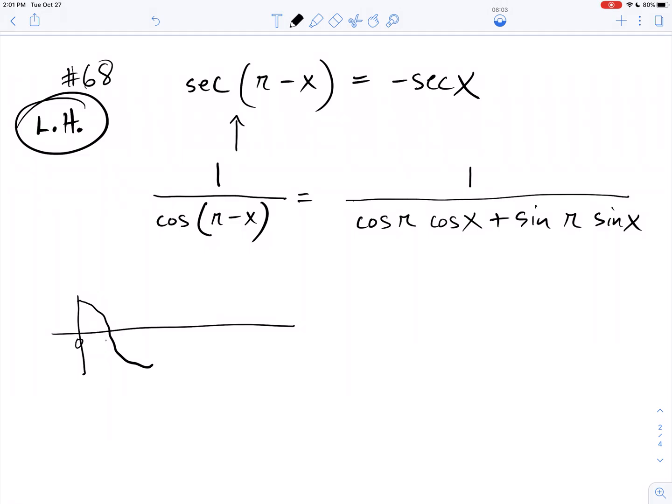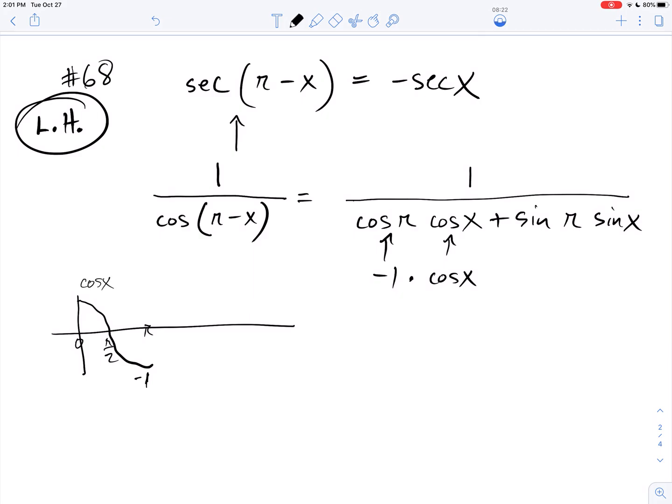There's 0, there's pi over 2, there's pi. Well, what's the cosine of pi? It's -1. So this is -1 times cosine of x. This is just me making a real quick sketch of a cosine graph.